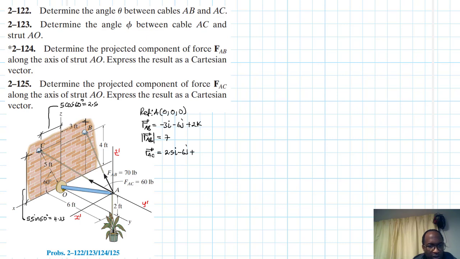So 4.33 minus 2 gives 2.33. Then let's work out the magnitude quickly.